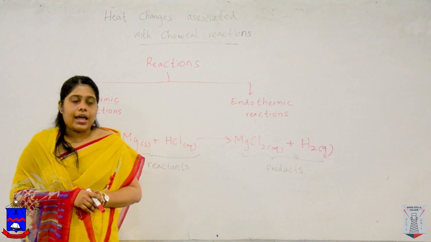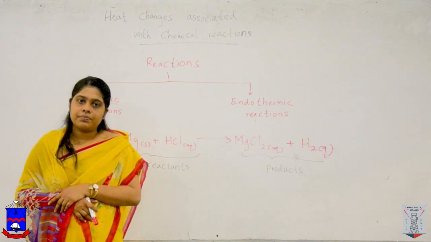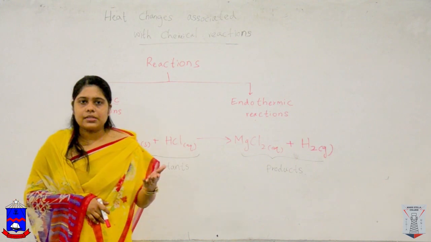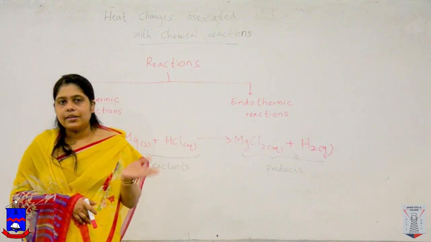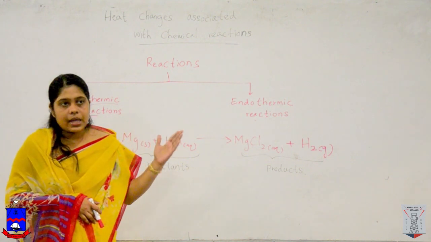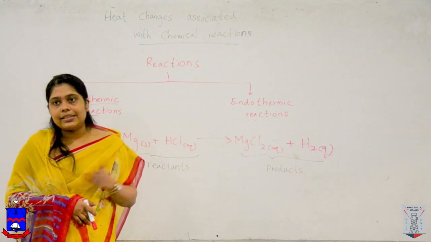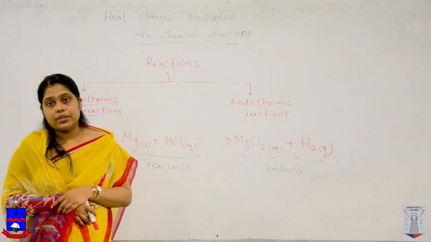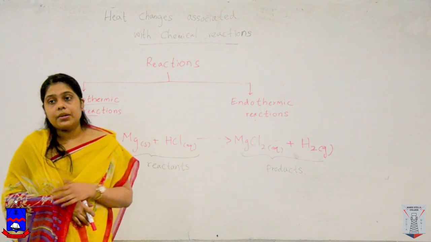Now let us discuss some examples under exothermic and endothermic reactions. As I mentioned earlier, the magnesium HCl reaction, and not only magnesium but other metals like sodium, maybe aluminium, reacting with acids. These metal acid reactions release heat energy during the reaction, so they come under exothermic reactions.